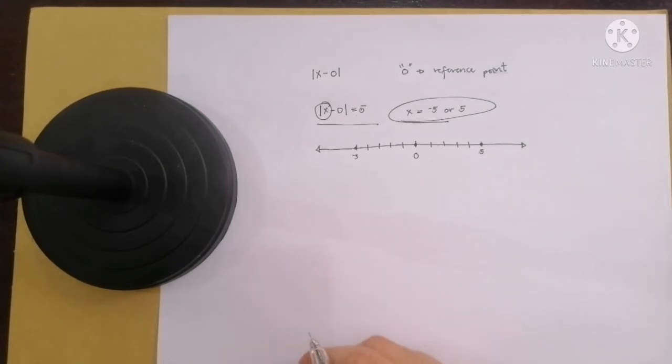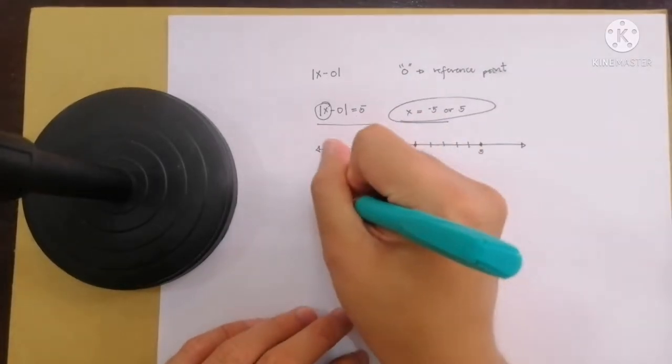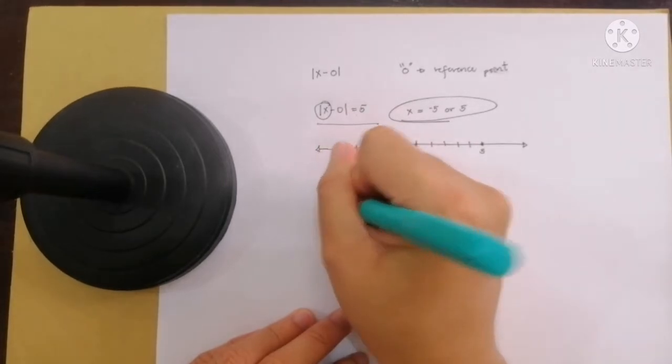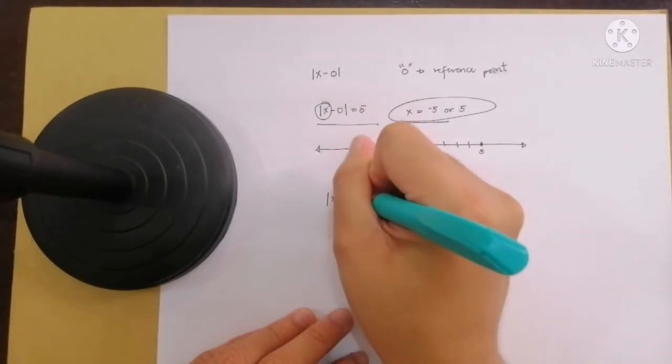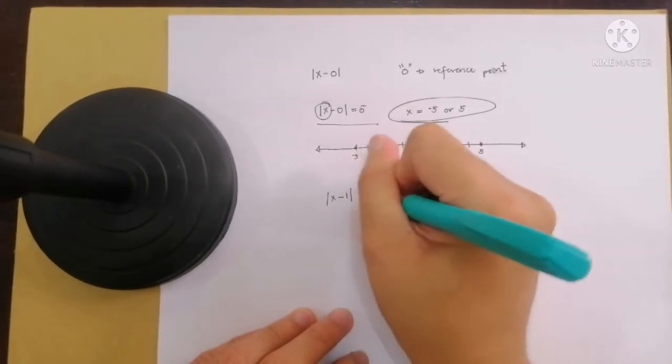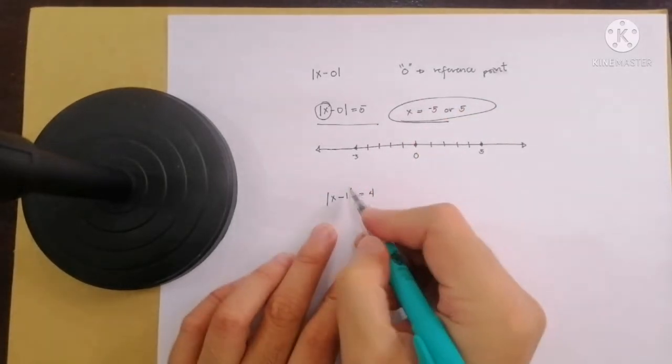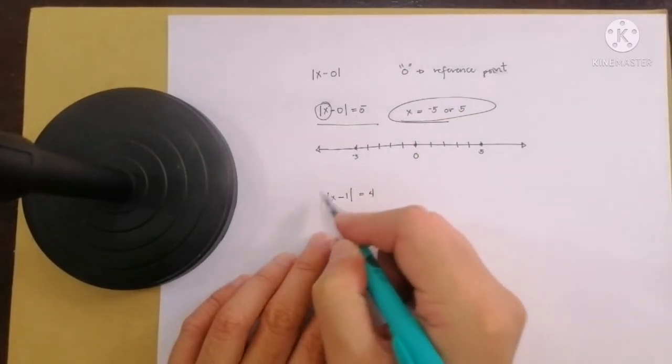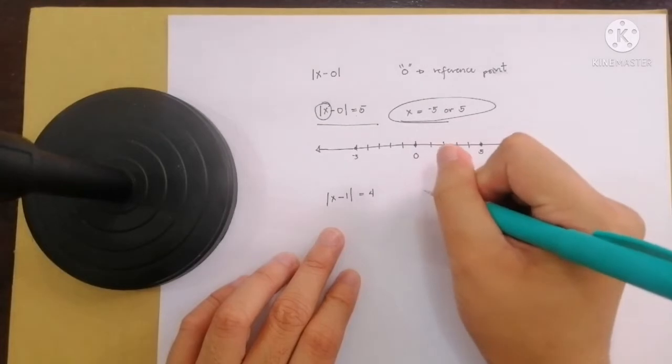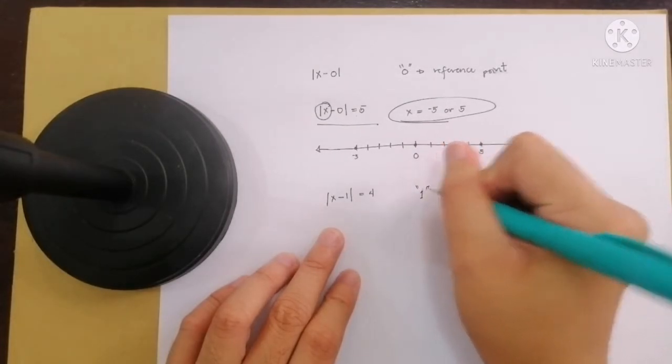Now, what happens when the reference point is positive 1? Ano kaya mangyayari? What are the numbers that are 4 units away from positive 1? We are going to count the number of units to determine the numbers for the given distance. Say for example, we have here the absolute value of x minus 1 equals 4. Meaning, kung dito natin titingnan, the reference point here is 1 or positive 1.